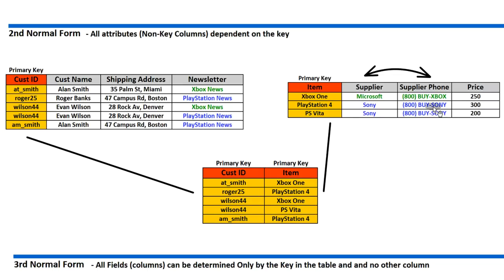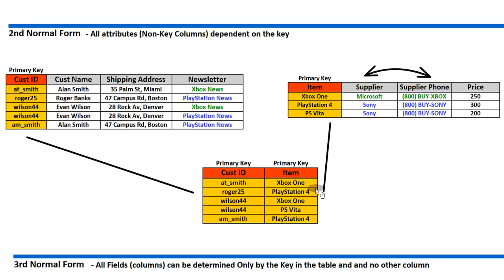This phone number is never going to go with Microsoft, and this phone number is never going to go with Sony. So in the item table, if the only thing we would know is Microsoft, we already know that this is the phone number, or if we know Sony, we know it's going to be this phone number. So obviously we need to separate it out also because these phone numbers keep repeating.